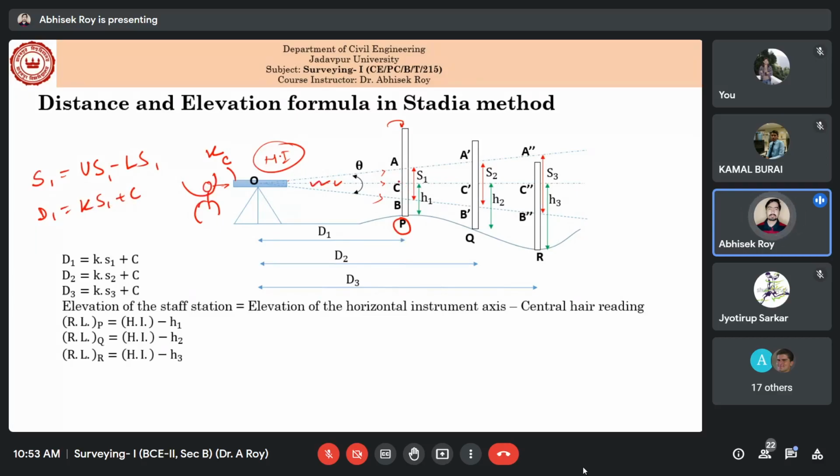Similarly, as you have also noted down the middle stadia or central hair reading, you can calculate the RL of point P just by deducting your middle stadia reading H1 from the height of the instrument. So both the distance and RL you can calculate just by noting down these three stadia readings. Is that clear to everyone?